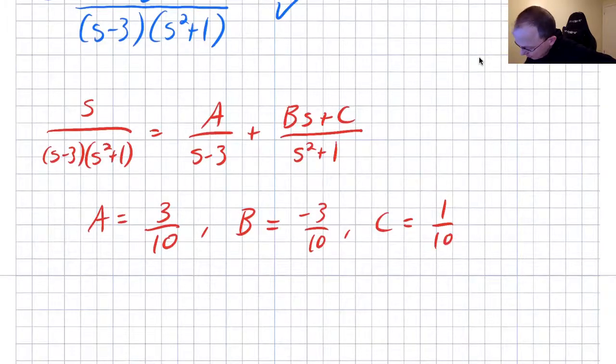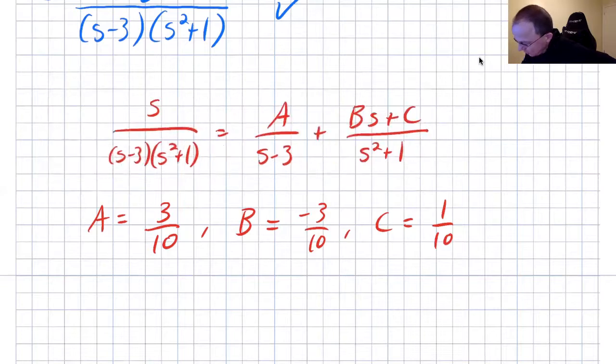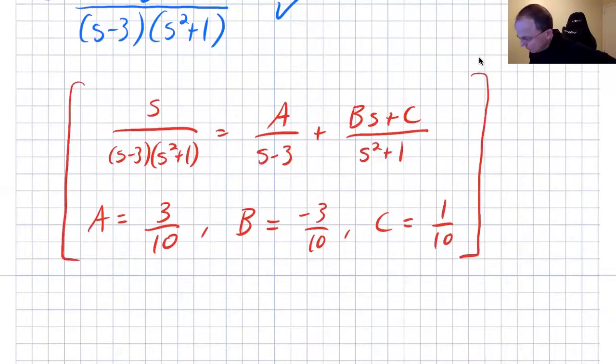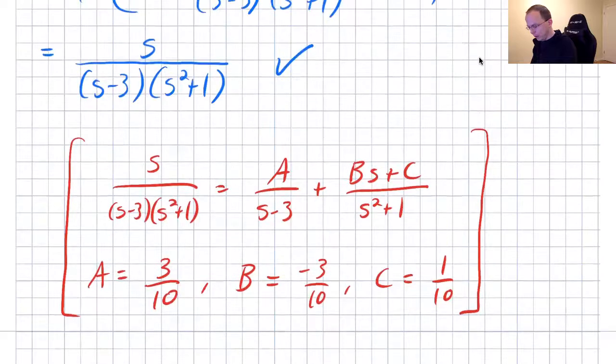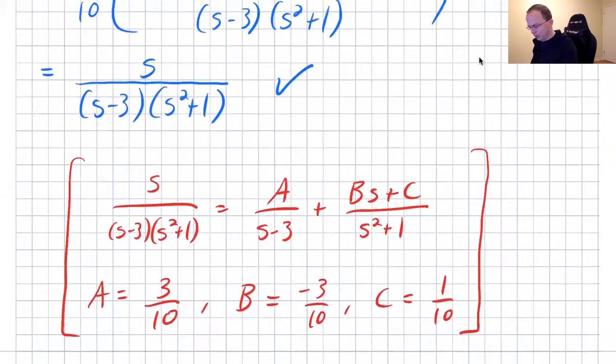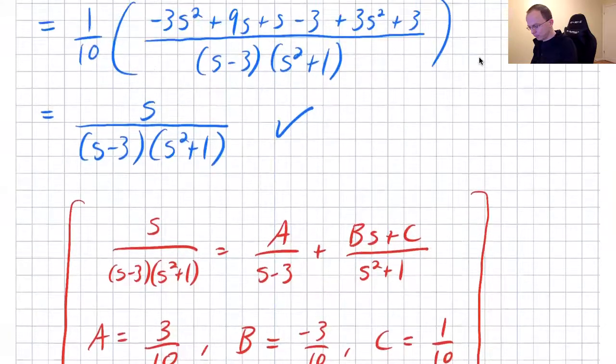So that probably would have been a lot easier than what we did, right? So in this case, using partial fractions would have been the way to go. I think in order to do this inverse Laplace transform, it would have been a lot easier to use partial fractions.